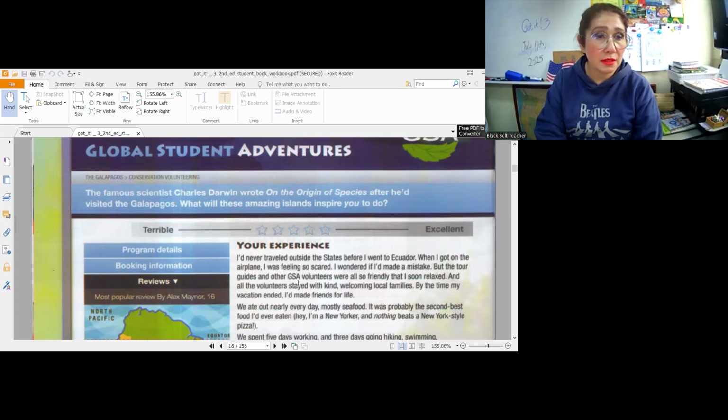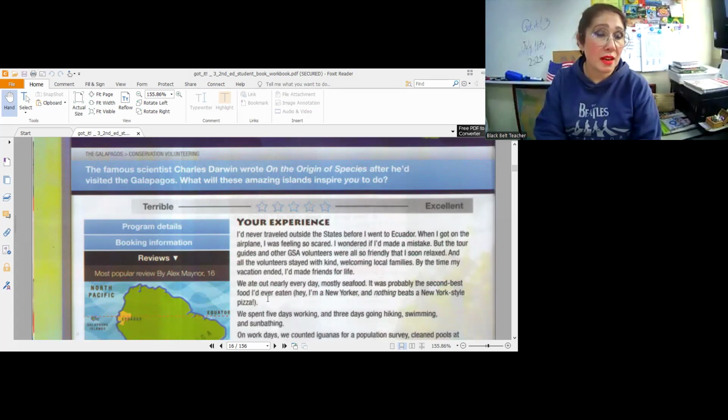But the tour guides and other GSA volunteers were all so friendly that I soon relaxed. And all the volunteers stayed with kind, welcoming local families. By the time my vacation ended, I'd made friends for life. We ate out nearly every day, mostly seafood. It was probably the second best food I'd ever eaten.